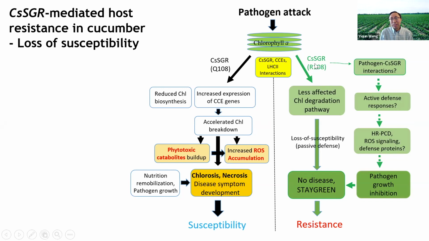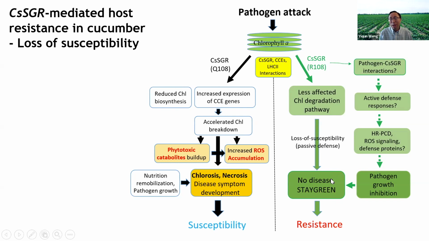But in the resistant one, because of a single mutation, this pathway was less efficient in degradation, because staggering is required for symptom development. This mutation will block the chlorophyll degradation, which shows the resistance.